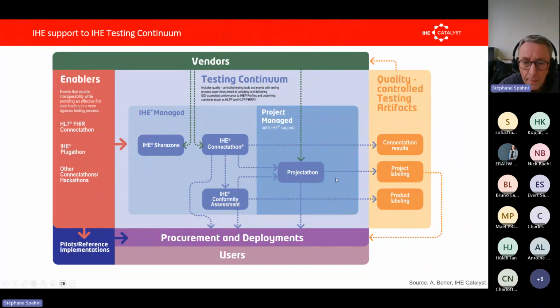The connectathon and projectathon, but you also have other tools like the Gazelle, more for testing in relation with imaging. You also have the IHE conformity assessment, which we will not speak of today, which is more conformity assessment of a product. For both connectathon and projectathon, you have results that are published under the project. The conformity assessment makes a product labeling.